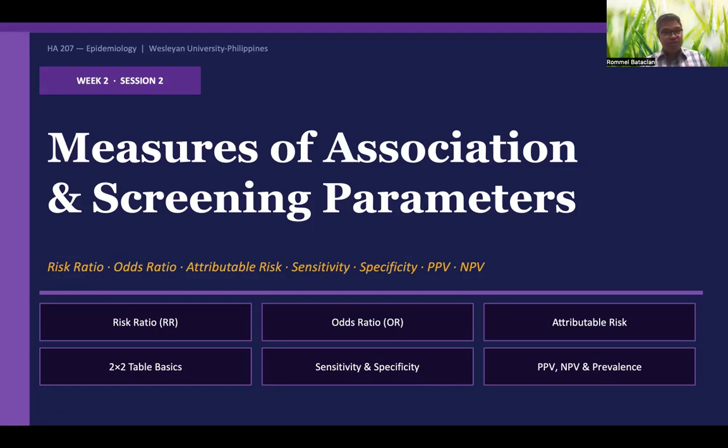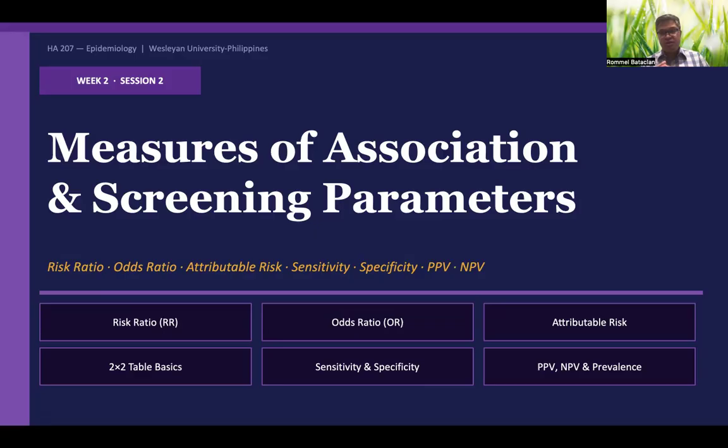So now we shift our question. Instead of just counting, we are going to ask: is there a relationship between an exposure and the disease? And when a hospital wants to screen a population or a particular group of individuals, we will ask, how good is this test at finding the disease?